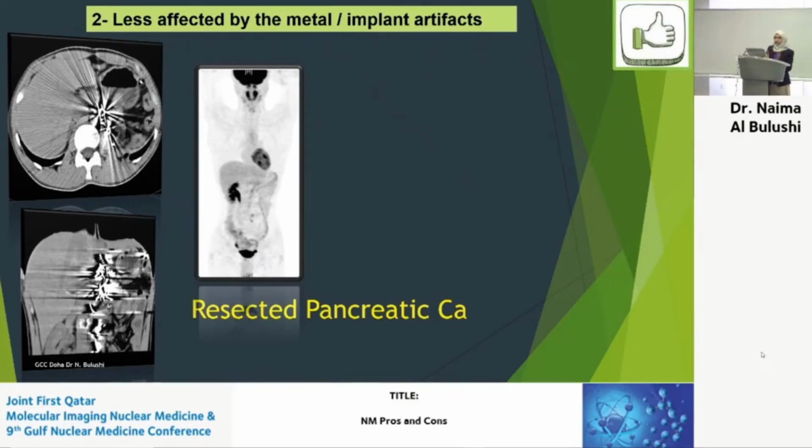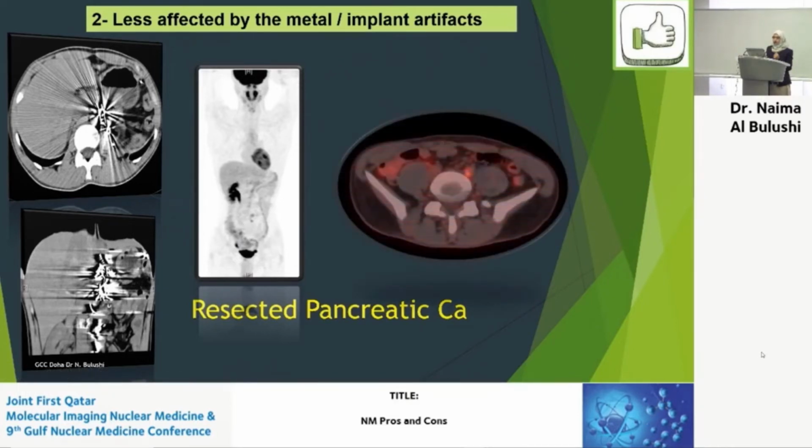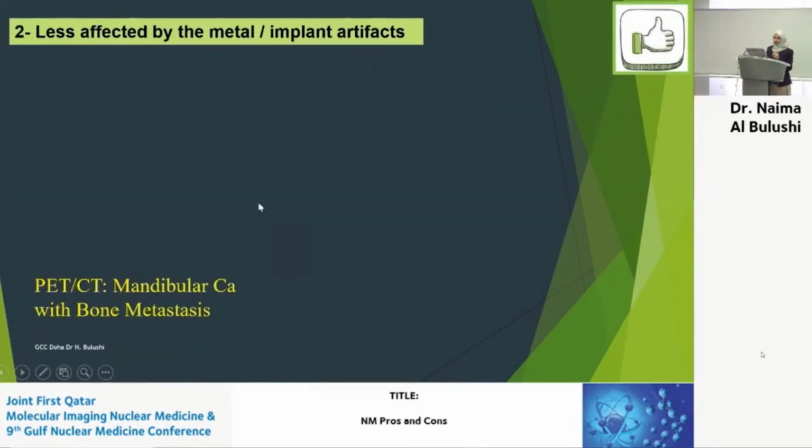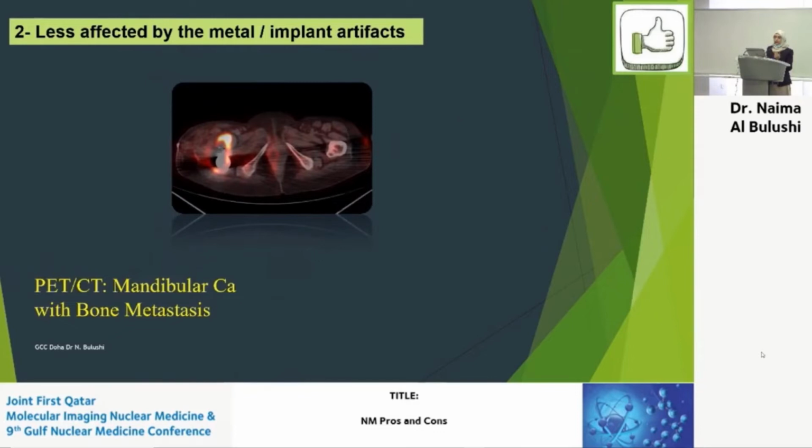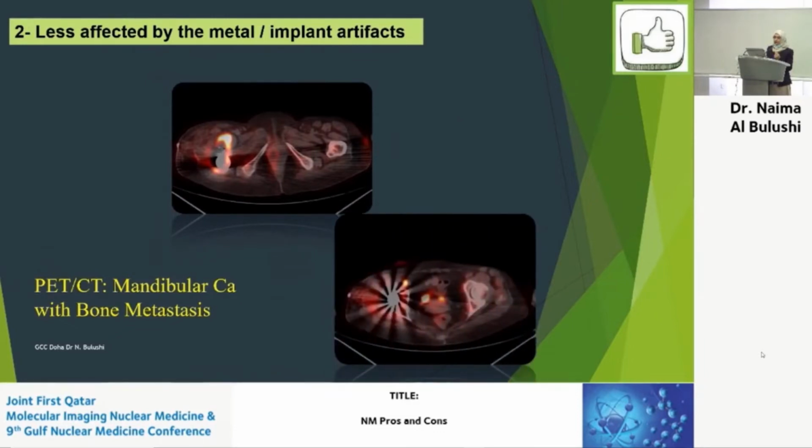It's useless to do it. Whereas if you look at the PET image, you see that there is a potential abnormality over there. The metal has no effect on the image quality. Yes, on the fused image you can see it, but again, you will appreciate the abnormality even with the presence of the metal artifact.